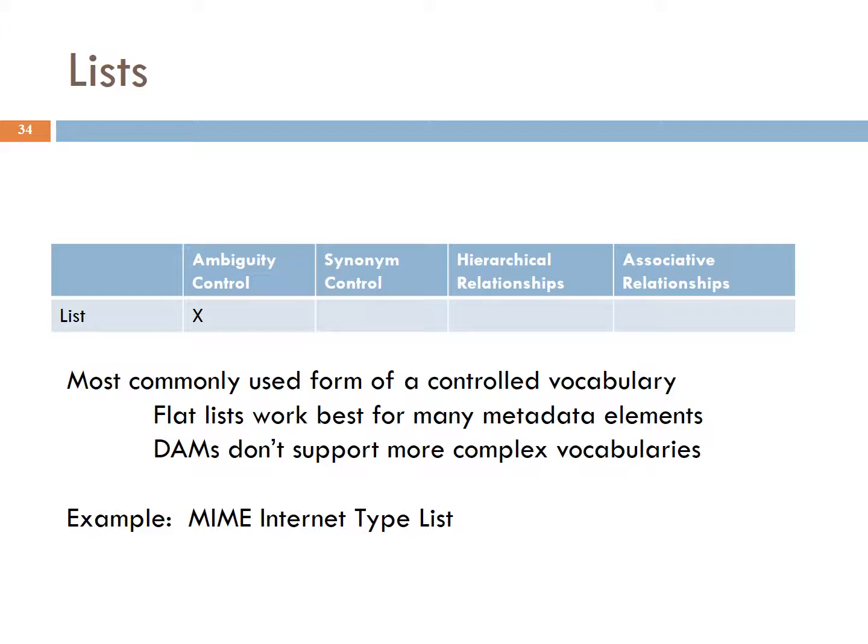The second reason for their popularity is that, frankly, many of the current digital asset management systems don't have the capability of integrating more complex vocabularies into their navigation and display structures. In addition to nationally and internationally established lists of terms, many institutions create their own list of terms. Many develop a list of topical terms at a much more detailed level of coverage of subject content than can be found in, say, an established thesaurus or subject heading list.